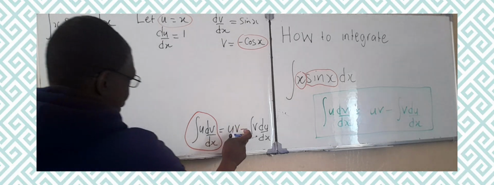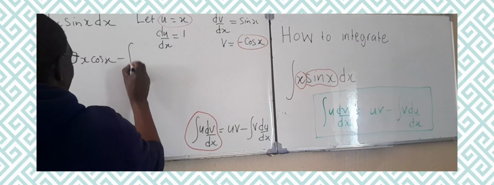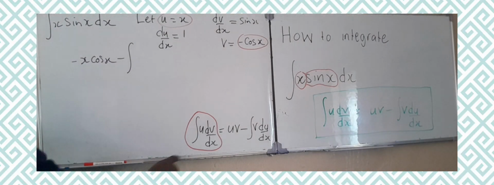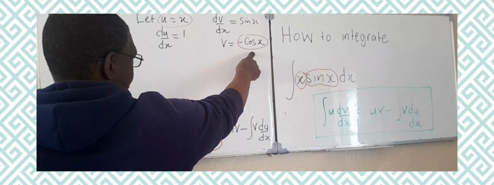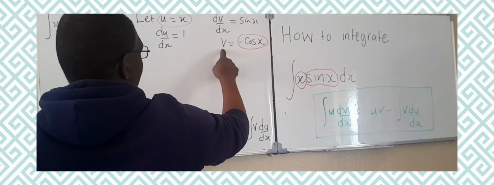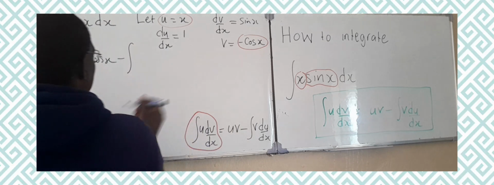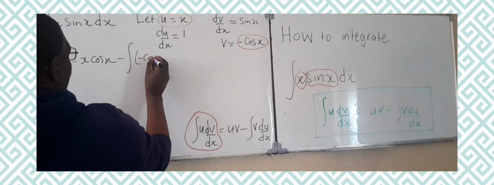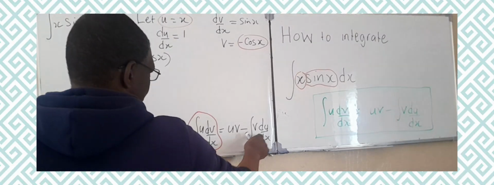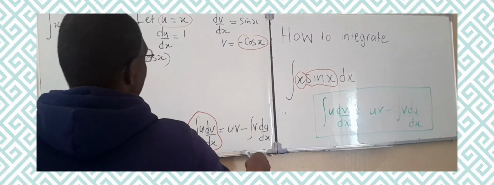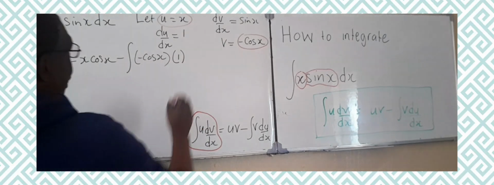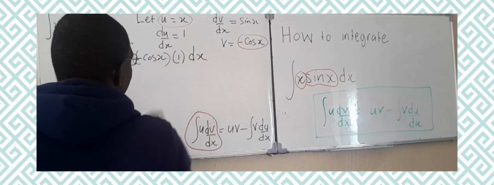Then we come here, we subtract minus the integral now of v, which is minus cos of x, so we put here in brackets minus cos of x. What is it multiplied by? It's multiplied by du/dx. What is du/dx? It's 1. Now this with respect to x.